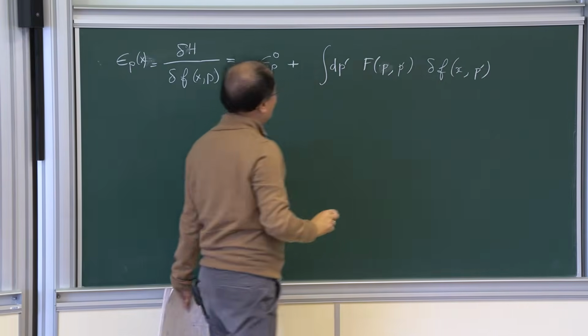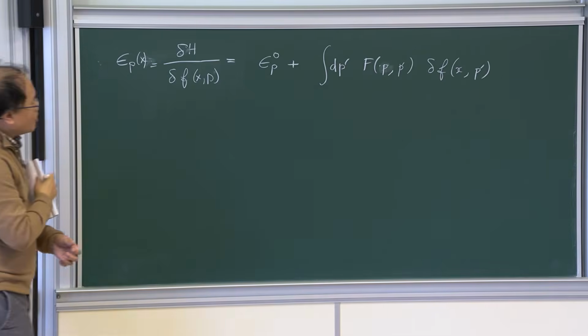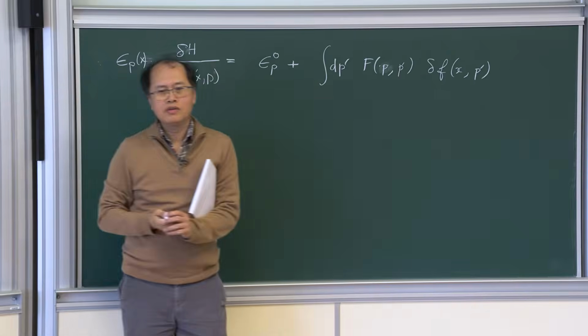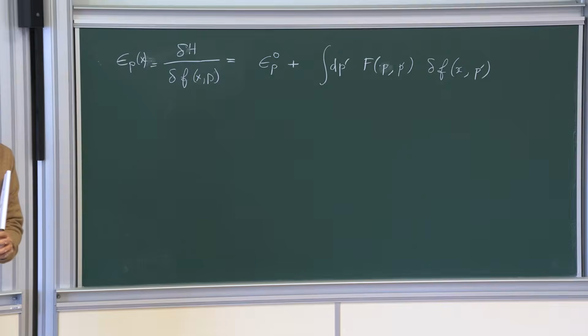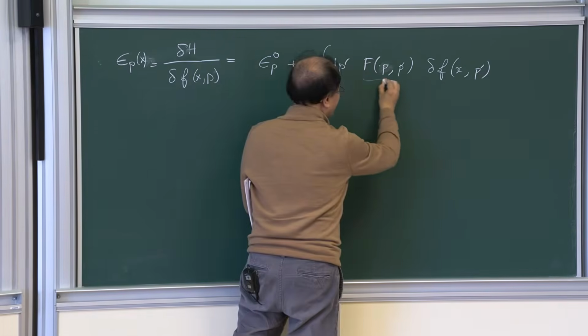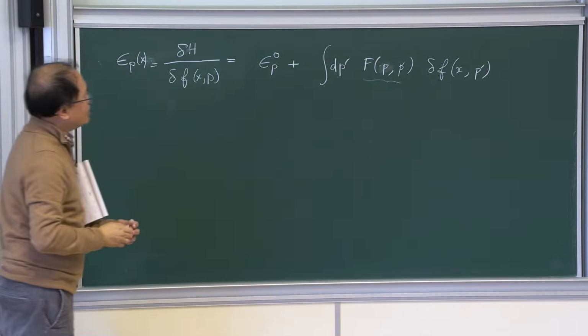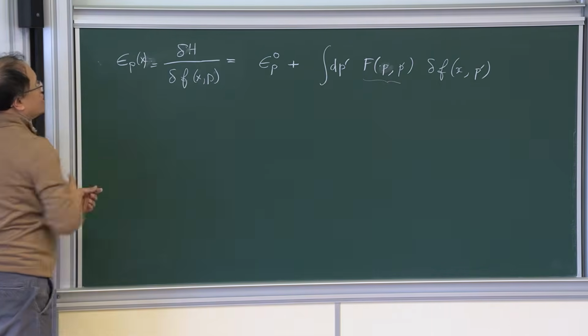And here you see that according to Landau, what differs an interacting Fermi liquid from the non-interacting Fermi liquid is the presence of this function that tells us that if there is a particle at the same place carrying momentum p prime, then it will change the dispersion relation of the particle carrying momentum p here.